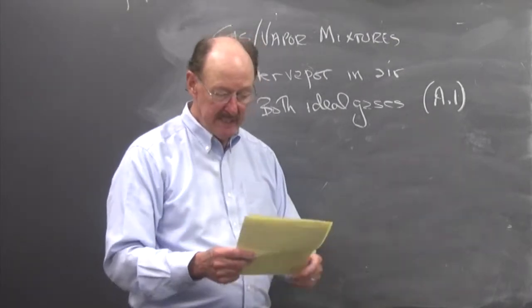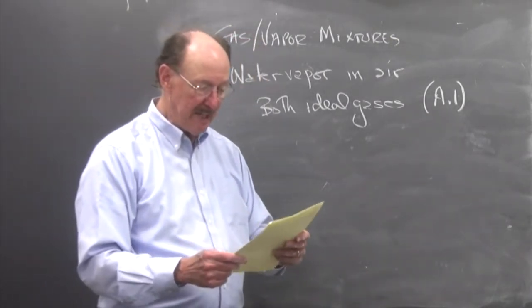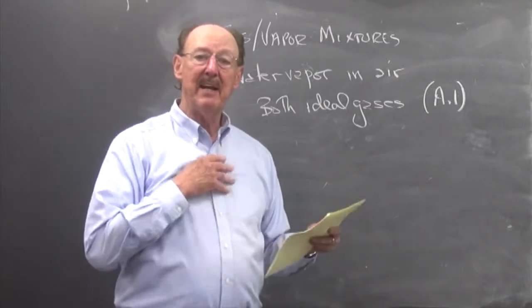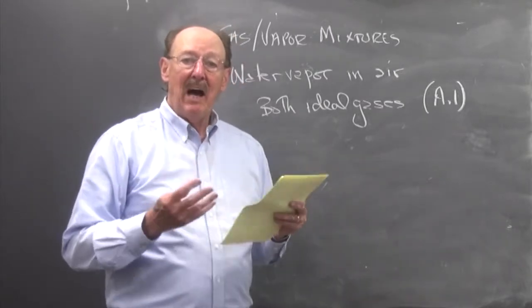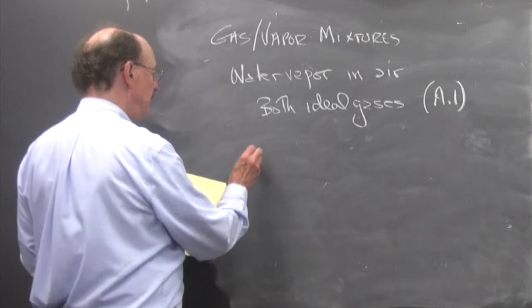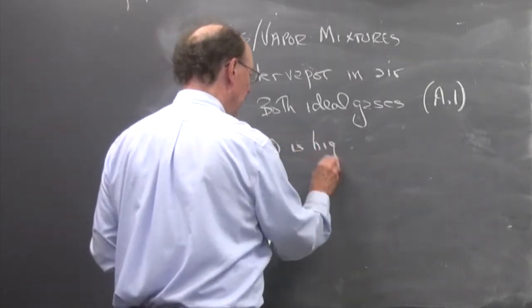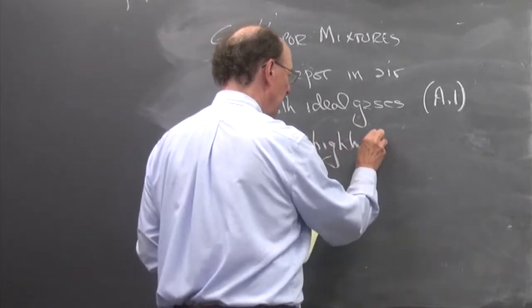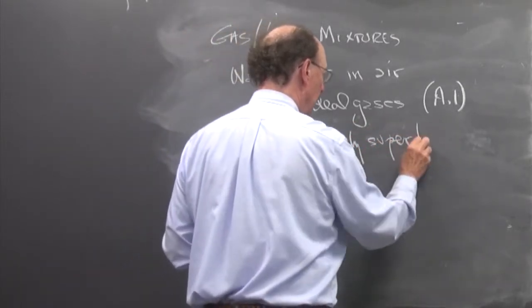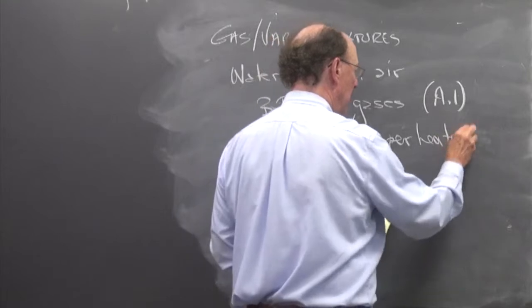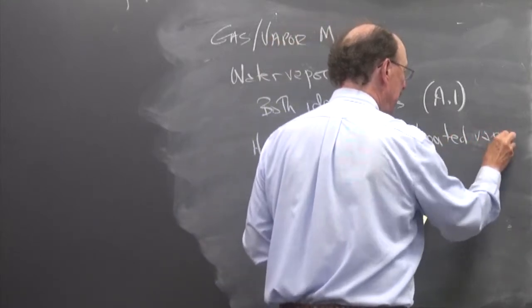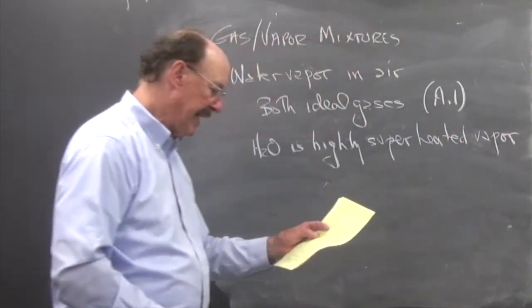We're looking at that as a highly superheated vapor. So the water vapor in the air that we're breathing is a highly superheated vapor, which is why we can consider it an ideal gas.